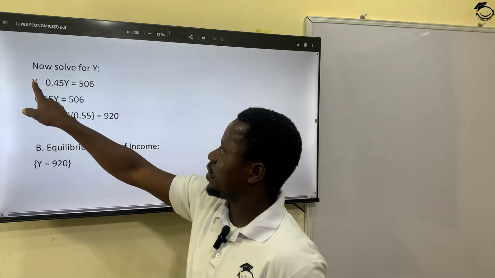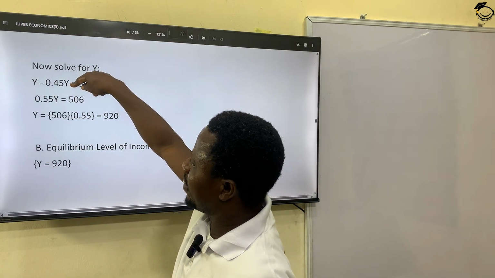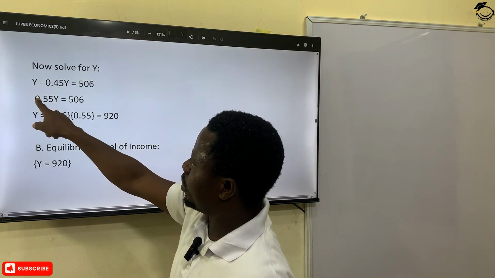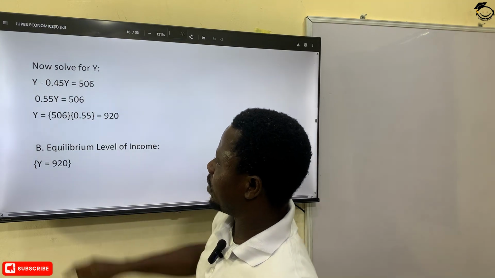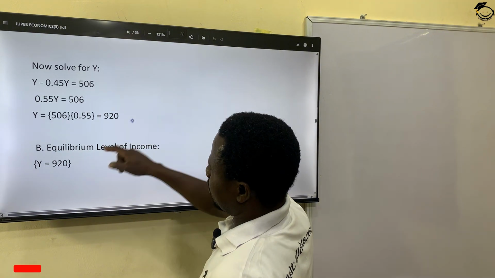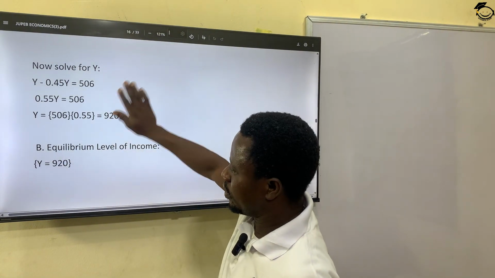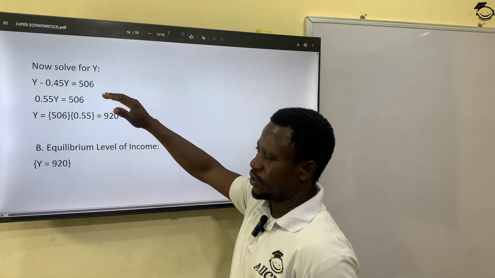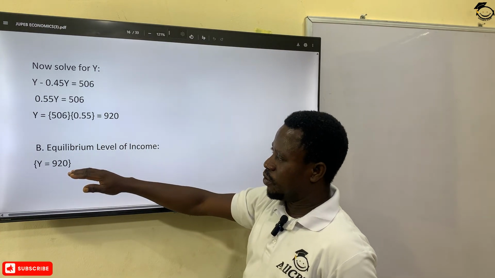Because this is y here and this is y here, when we move it to this side, crossing the bridge, 1y minus this gives us this. So we have 920. This is the level of equilibrium of the Nigerian economy. 920. That's the level of equilibrium, which is similar to A and B. This is the level of equilibrium now.